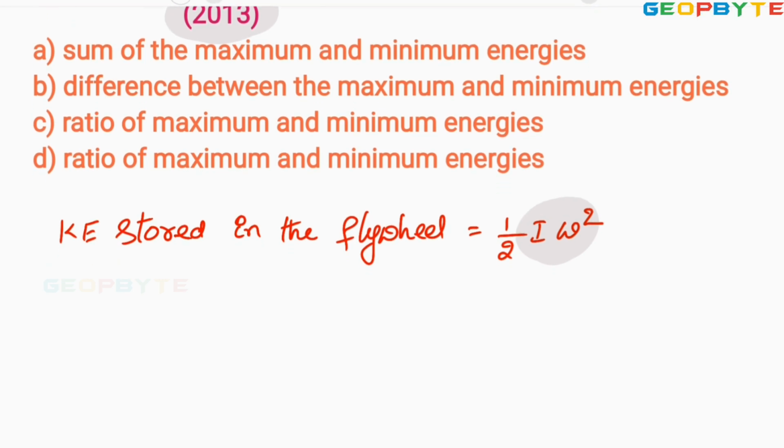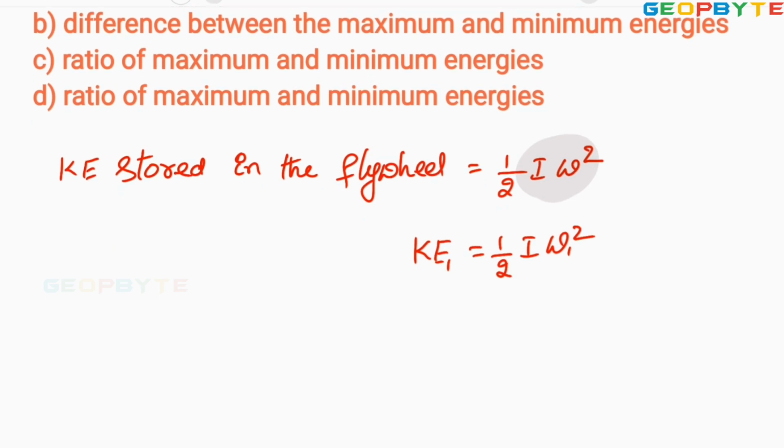Then maximum kinetic energy stored in the flywheel equal to half I into omega 1 square, and minimum kinetic energy stored in the flywheel equal to half I omega 2 square.